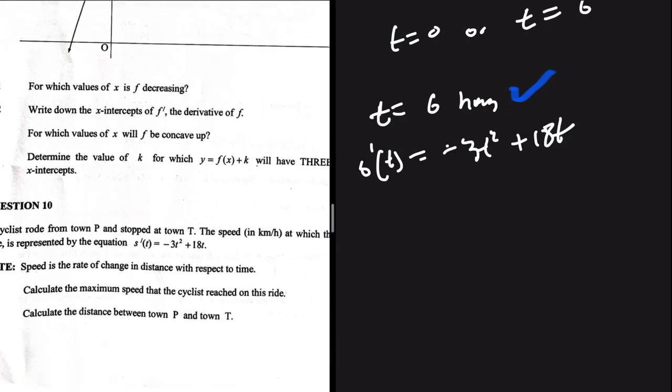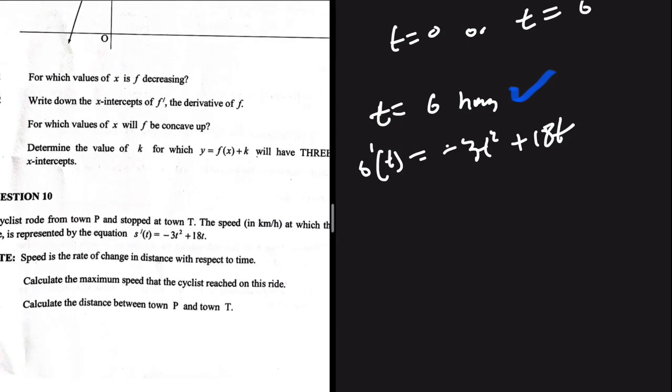The note we're given says speed is the rate of change in distance with respect to time. So before we got this equation, because we can see that it is a derivative, we had the distance with respect to time. And when we differentiate, we get speed. So we ask ourselves, what was the equation that gives us distance before we differentiated?